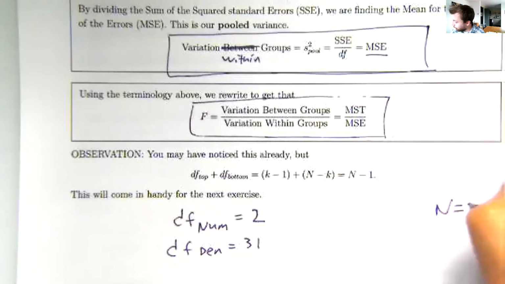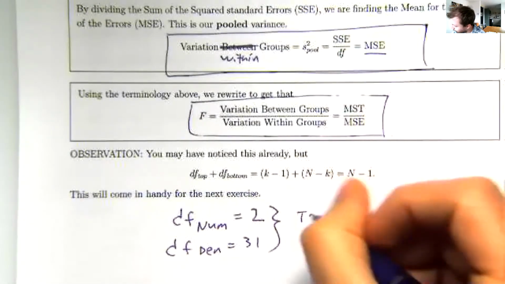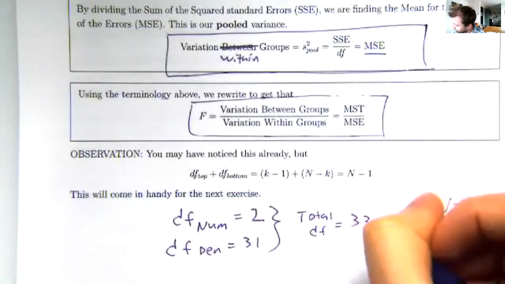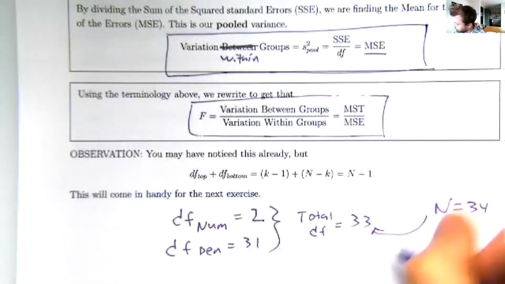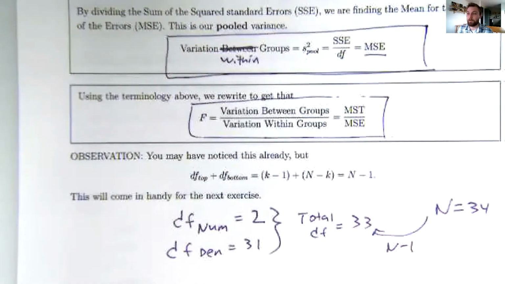Now my total number of values was 34. When I add these, 2 and 31 gave me a total degree of freedom of 33, which in a sense is really just n minus 1, which is sort of the ideal degree of freedom. It's an overall degree of freedom when I pool together all of my values.